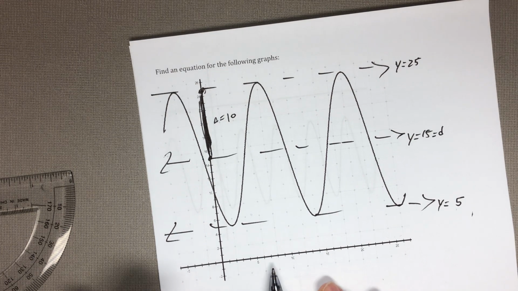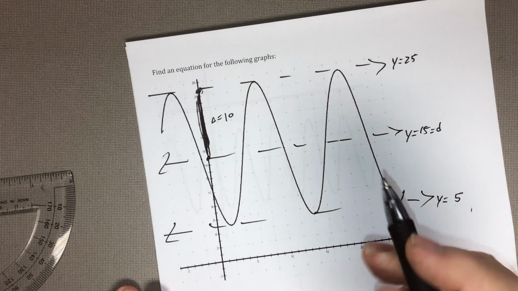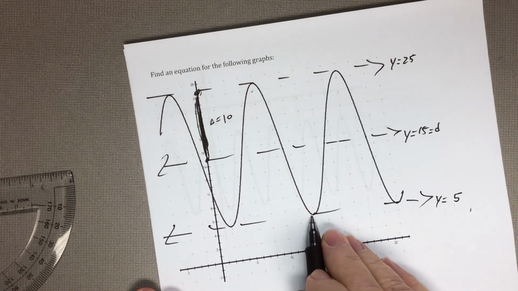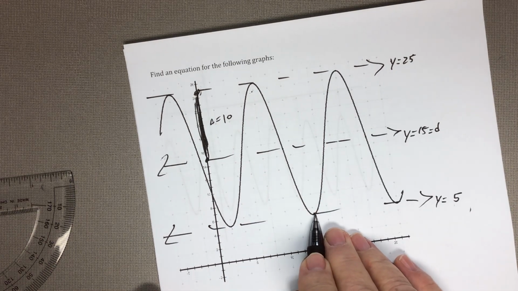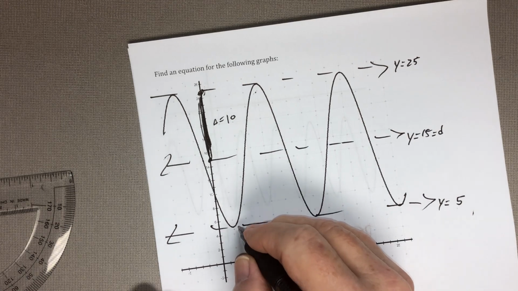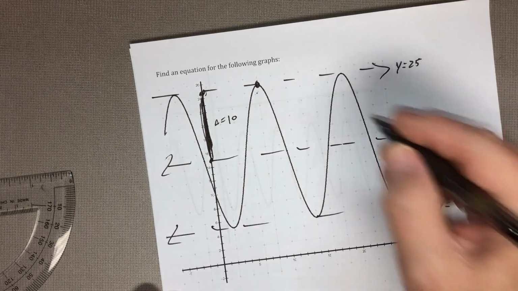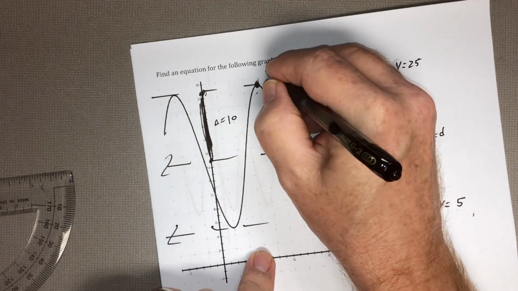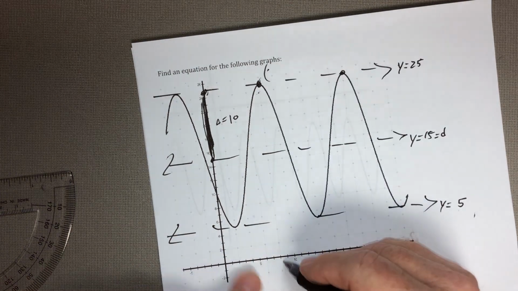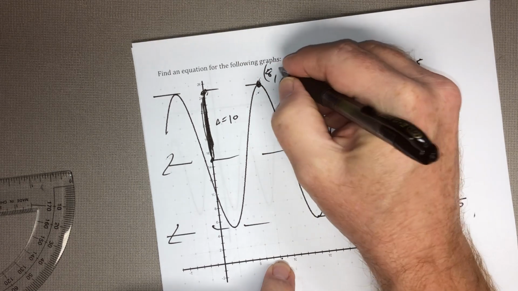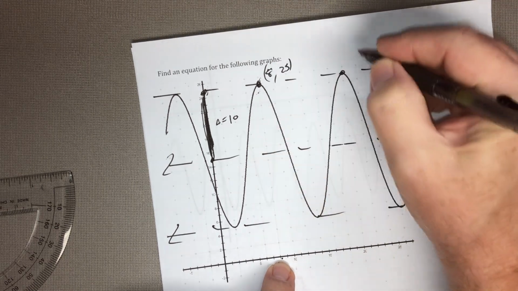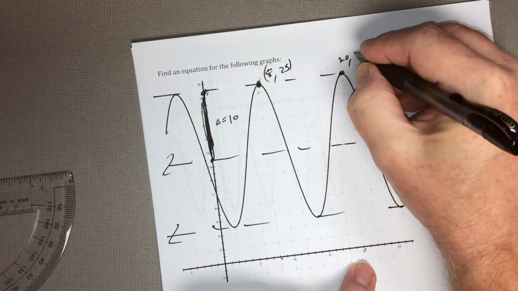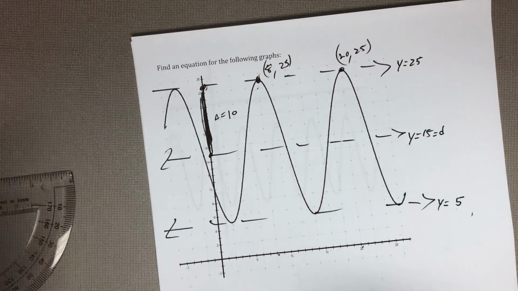Now my period is the distance from one maximum to the next maximum, or from one minimum to the next minimum. It really doesn't matter. So maybe we should start from this maximum here to that maximum. This point has coordinates (8, 25), and the other point has 25 as its y-coordinate as well. The 25s don't matter.